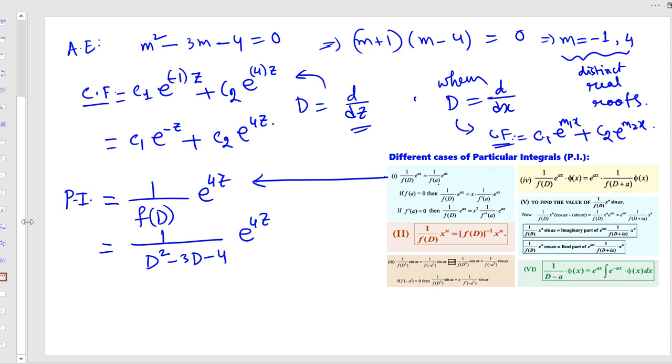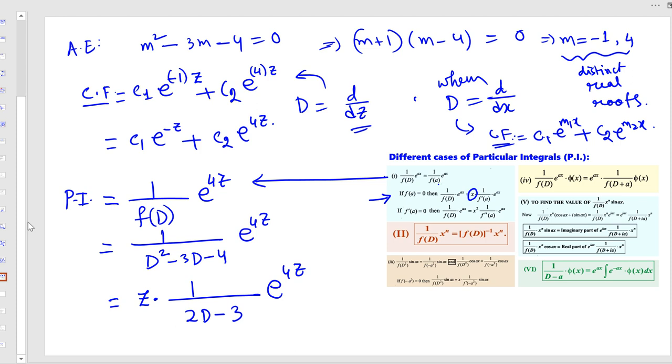So this formula fails. If this is 0, then we have to take z outside, and here it will be the derivative of f(D). So if you differentiate this one, you will get 1 upon 2D minus 3, e to the power 4z.